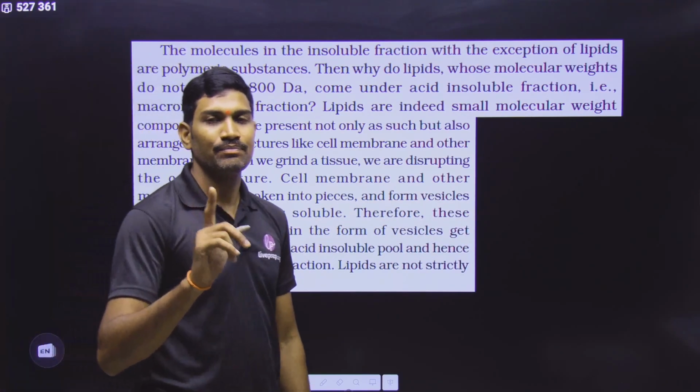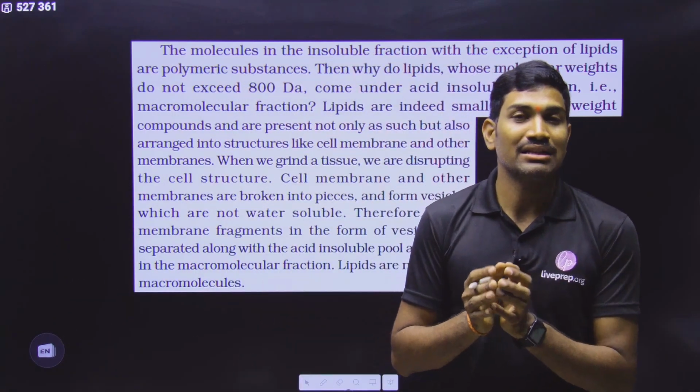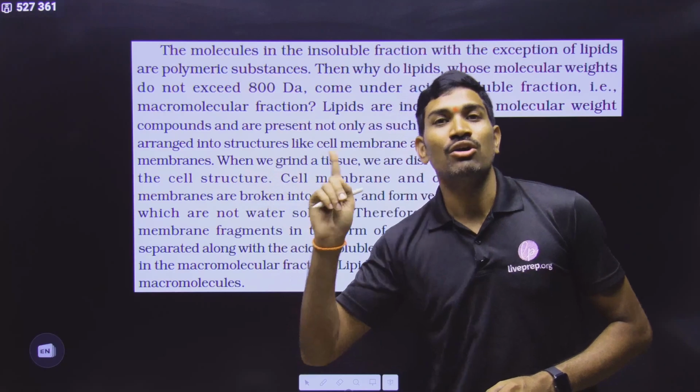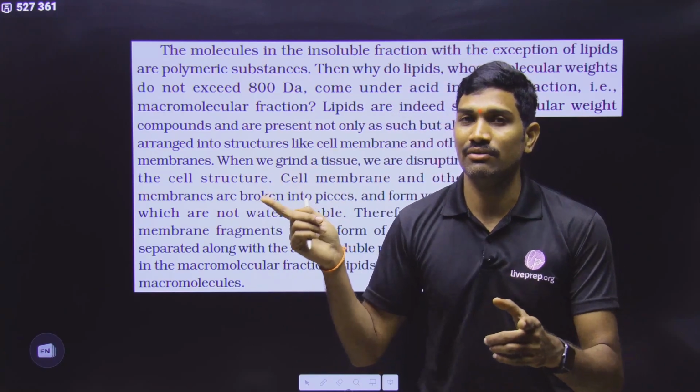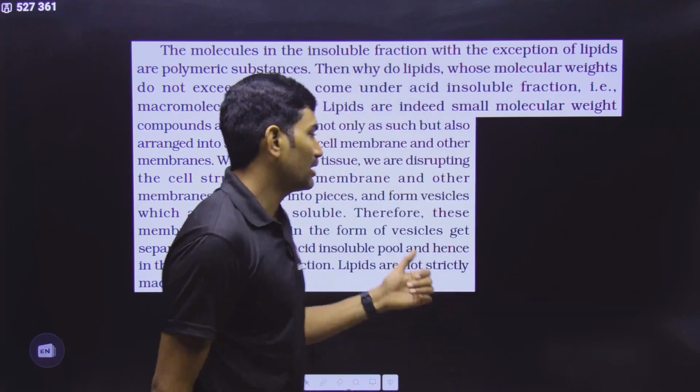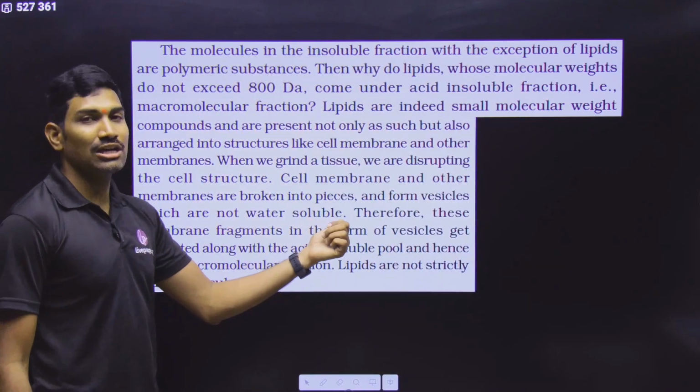Please remember here. The solvent we used is a water soluble, polar solvent, but lipids are non-polar. They are not soluble in water. This is the problem, and these are not water soluble.